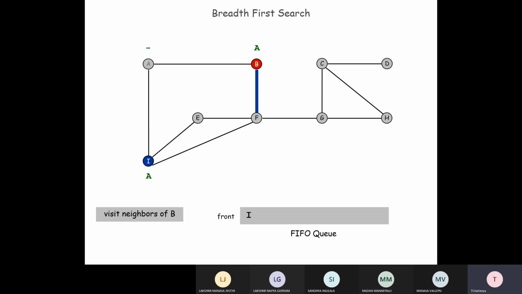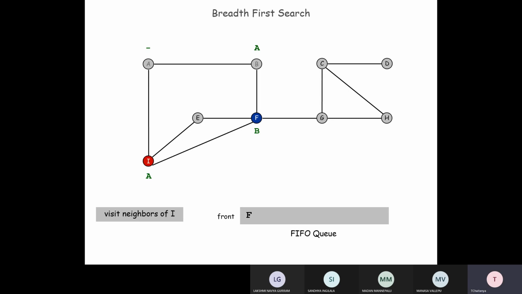Only F is the neighbor node for B. We cannot consider I as it is, and F comes, B moves to F. B to A is also a neighbor node, and now finally we come from A to B.